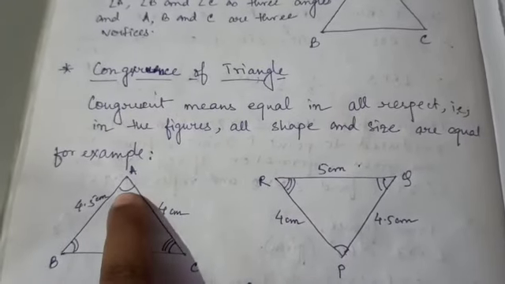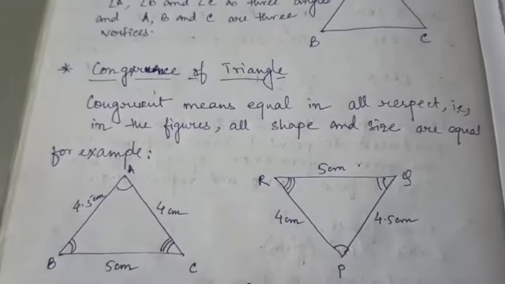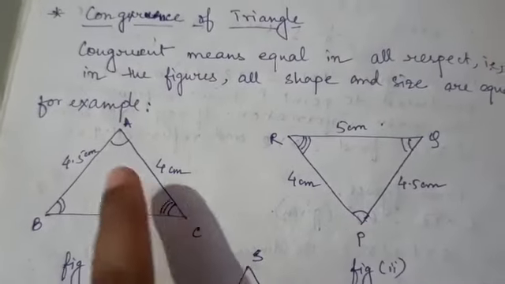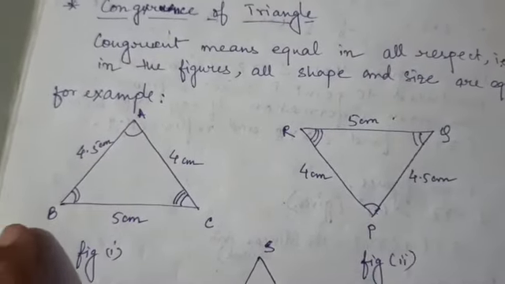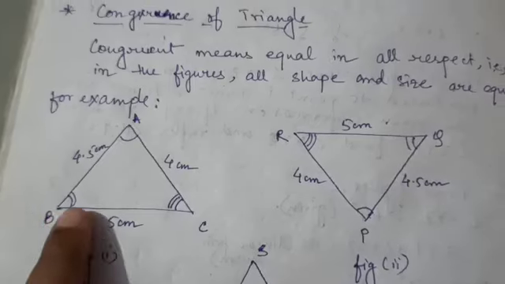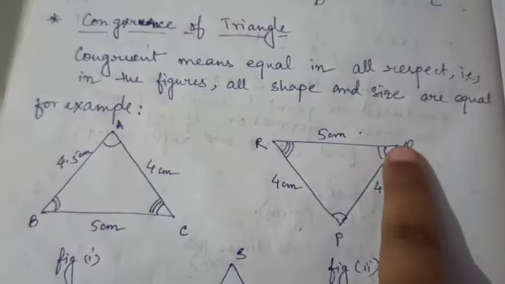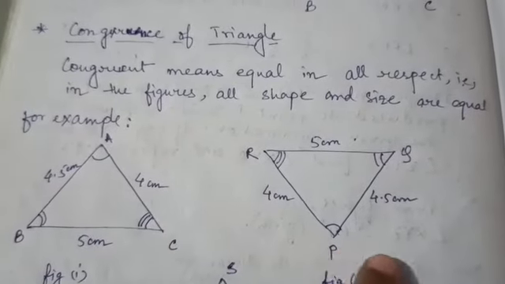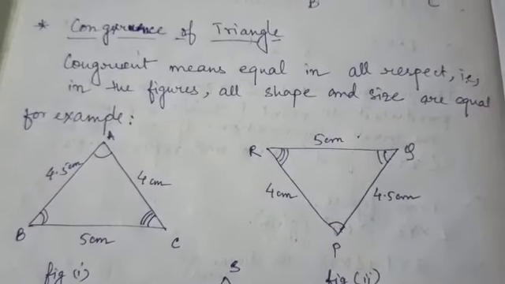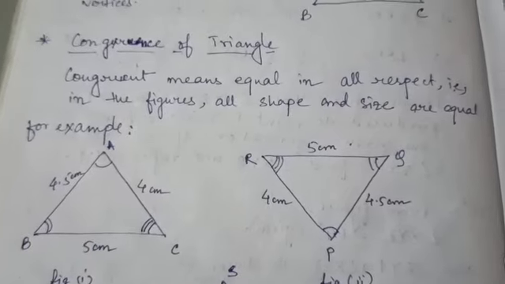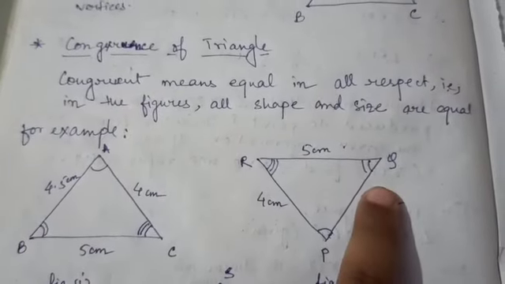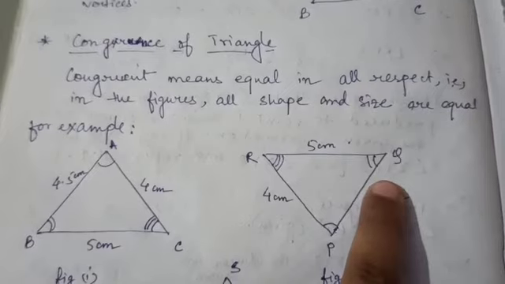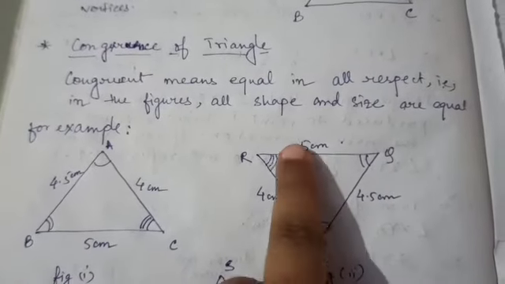That means if we start with angle A, then we have to start with angle P because they are similar. Next, angle B is equal to angle Q, so we must rotate in this fashion. So A, B, C, we must rotate in P, Q, R in similar fashion. And if we rotate in this anti-clockwise direction, we can see the sides are also equal.